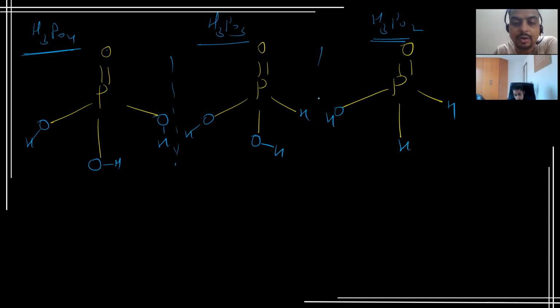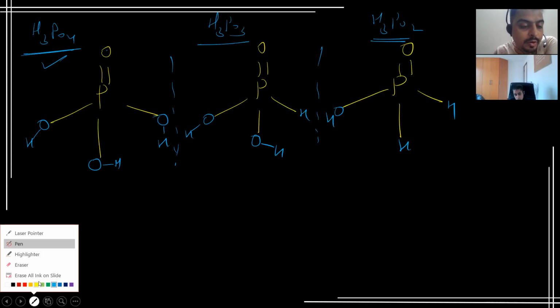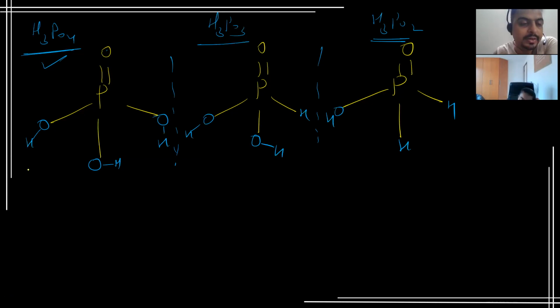But in the case of H3PO4, we have 3 OH bonds, and the OH bond is a polar bond. Polar means there is a polarity in the bond. Because of the polarity, this bond will be cleaved, so 3 hydrogens will be removed into the solution.